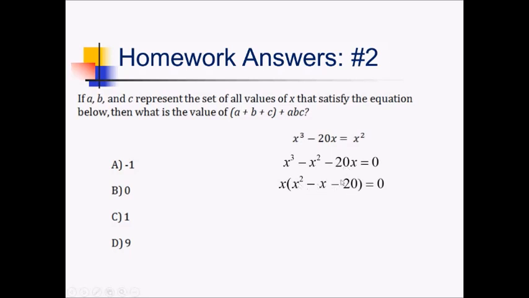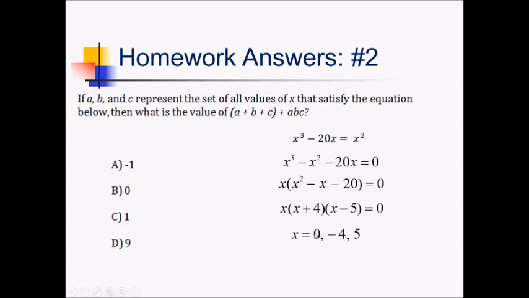I need factors of negative 20 that add up to negative 1. 1 and 20 won't work. 2 and 10, nope. 4 and 5, though, might work if we had positive 4 and negative 5. So I can bring down this x, and I have an x plus 4 and an x minus 5. And that means that I have solutions of x equals 0, negative 4, and positive 5.